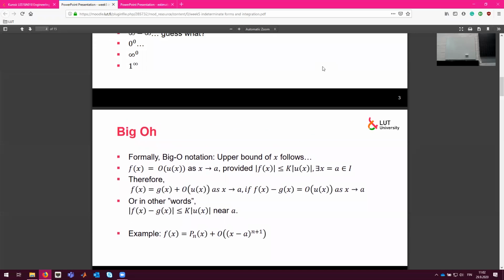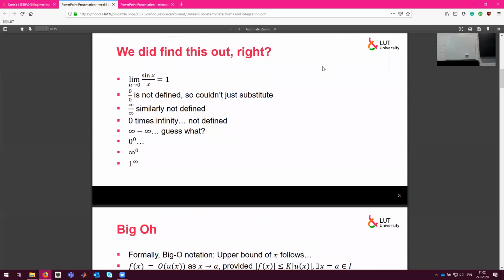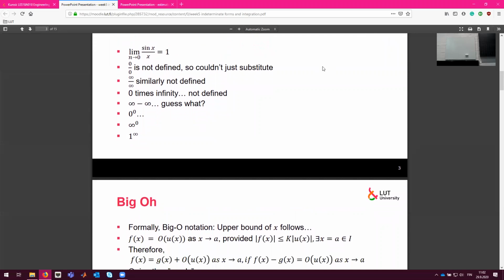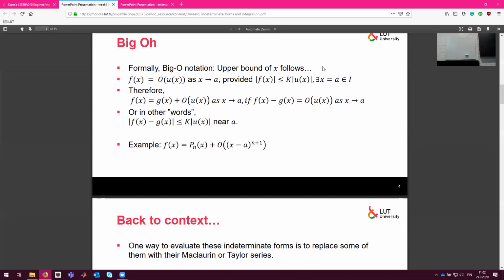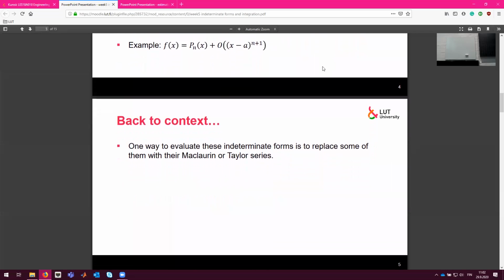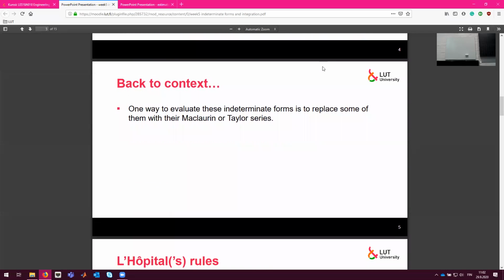Anyway, indeterminate forms. We want to find these limits. One way is, if we get close enough with our Taylor series, we replace the function with sufficient accuracy with a Taylor series or maybe a Maclaurin series. I probably need to talk more about Maclaurin series.